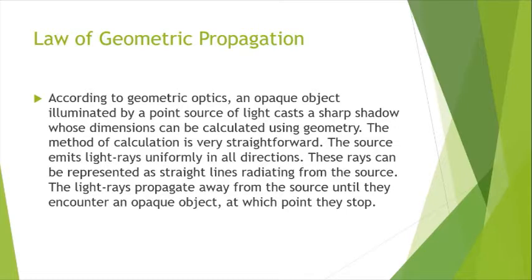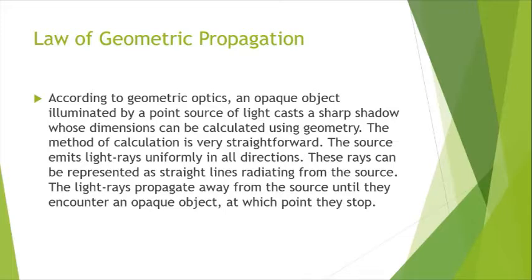Okay, ganyan yung nangyayari sa geometric propagation. For example, meron kang light cast in a sharp shadow, kumbaga naharangan niya. Katulad dito, may opaque object na nakaharang dun sa light cast, then magkakaroon ng shadow. The method of calculation is very straightforward. The source emits light rays uniformly in all directions.